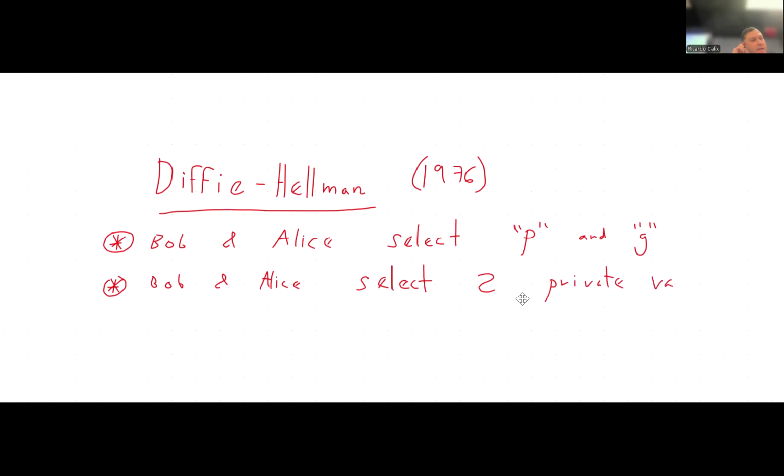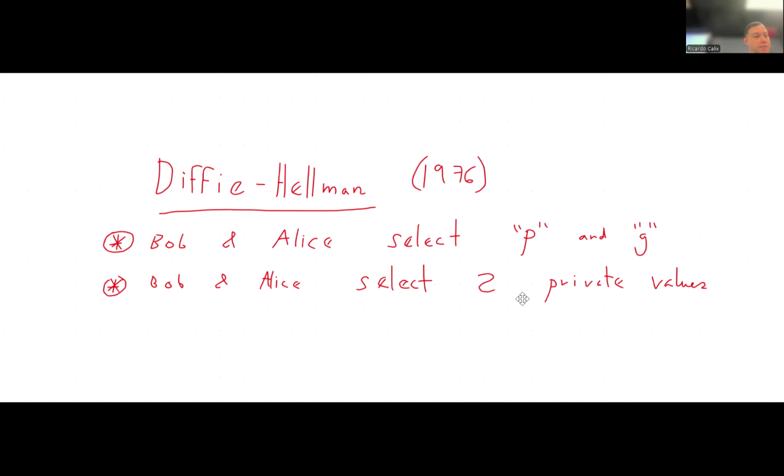And these are randomly selected private values from a group C. Now, C is something they've established. We're not going to go into that, but there's a set of values that you can actually use in this case.